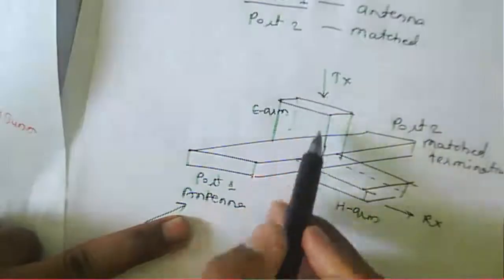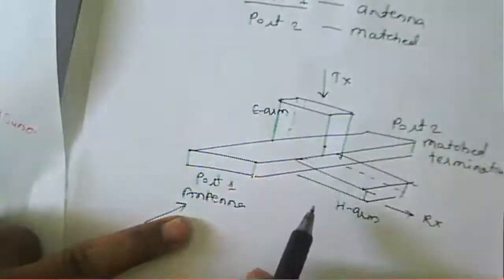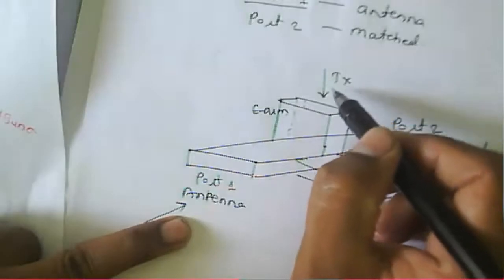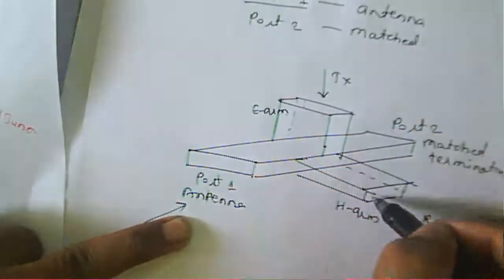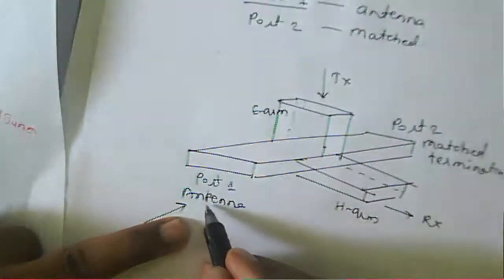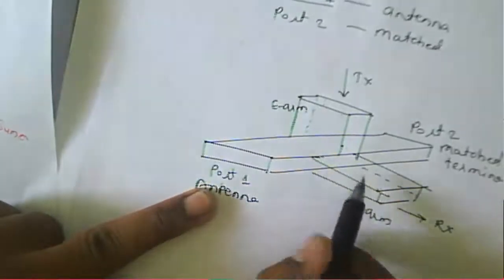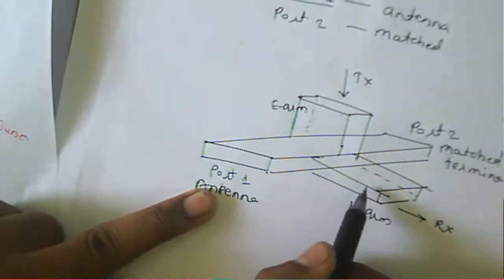Now in this case, what happened? The transmitter and receiver both are isolated. If we provide the signal from this particular arm, what happened? So no output is available here. Now if the antenna starts to work here from port 1, if we provide the input, output is available at this particular end.